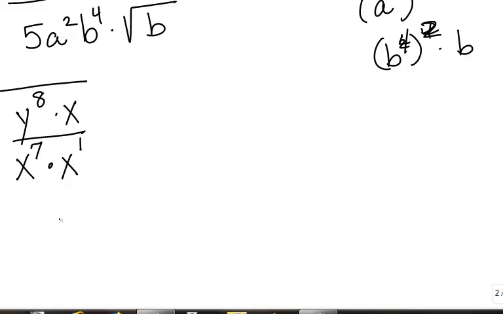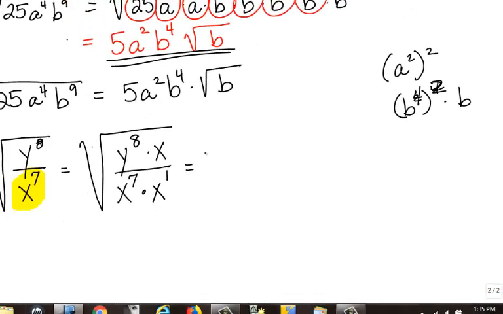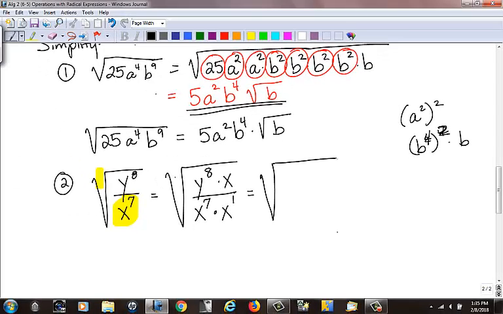Anything divided by itself is 1. Okay, so now simplify. Okay, and there's different ways to write this. I could write y to the 2nd times y to the 2nd times y to the 2nd. You do the method that works. On the bottom, this would be x to the 8th.